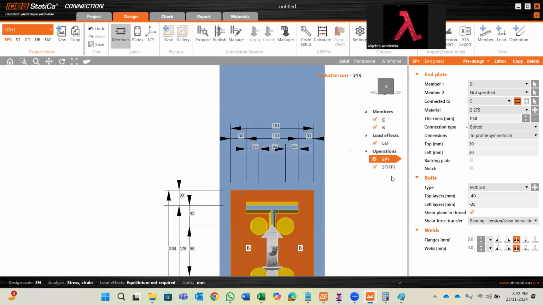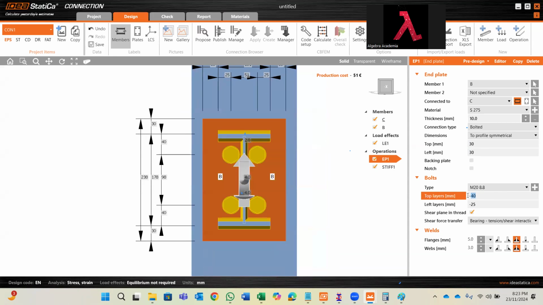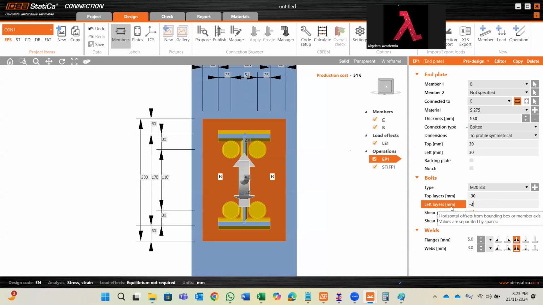Okay. Then I'll keep the edge distance. Let me adjust them.